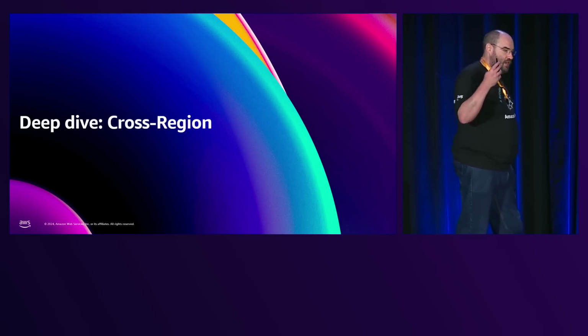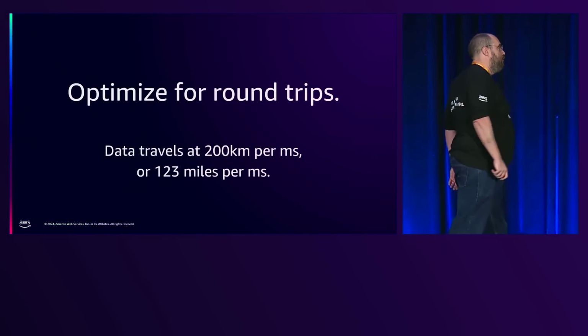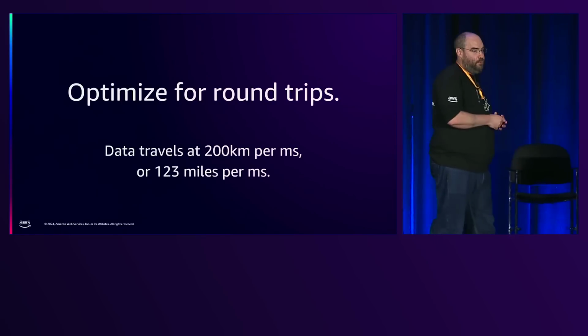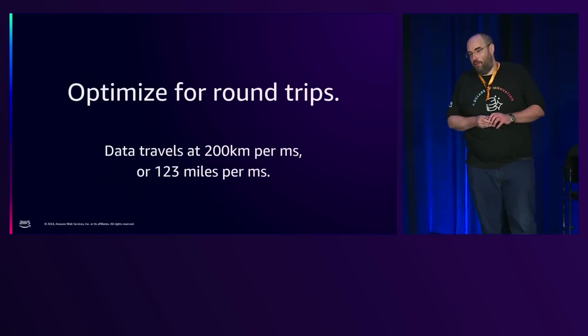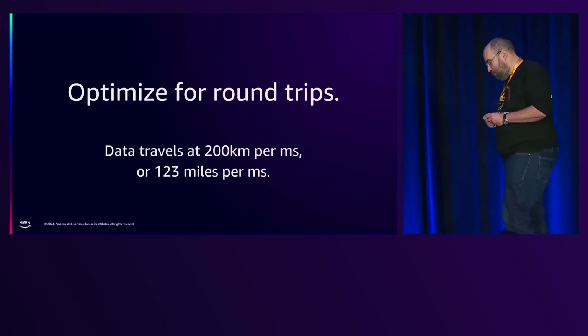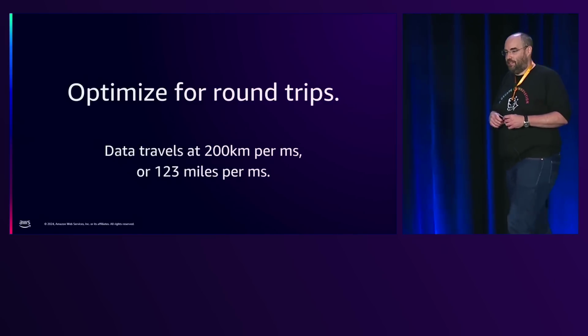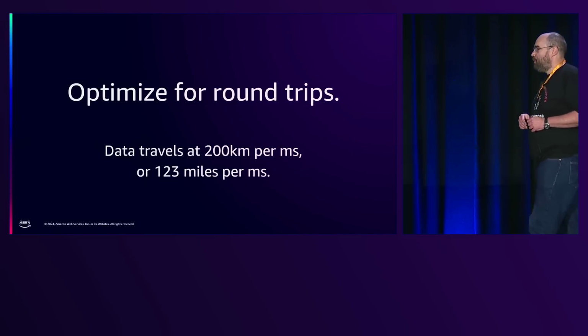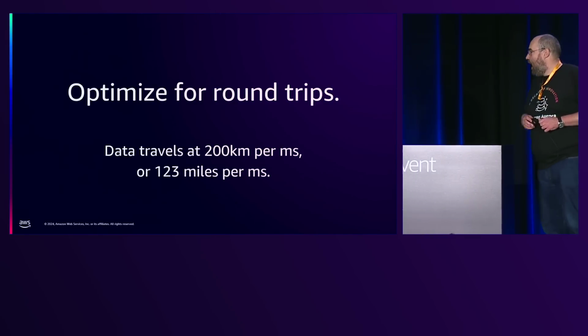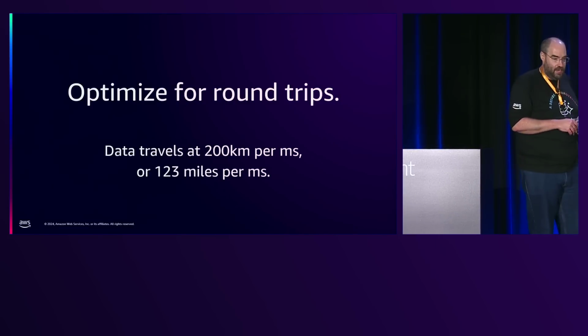Now let's talk about multi-region. Multi-region performance is about optimizing for one thing, and that is round trips between regions. Unfortunately, despite many attempts from our science teams, we have a fixed speed of light to deal with. That speed of light in fiber travels at about 123 miles per millisecond, or 200 kilometers per millisecond.